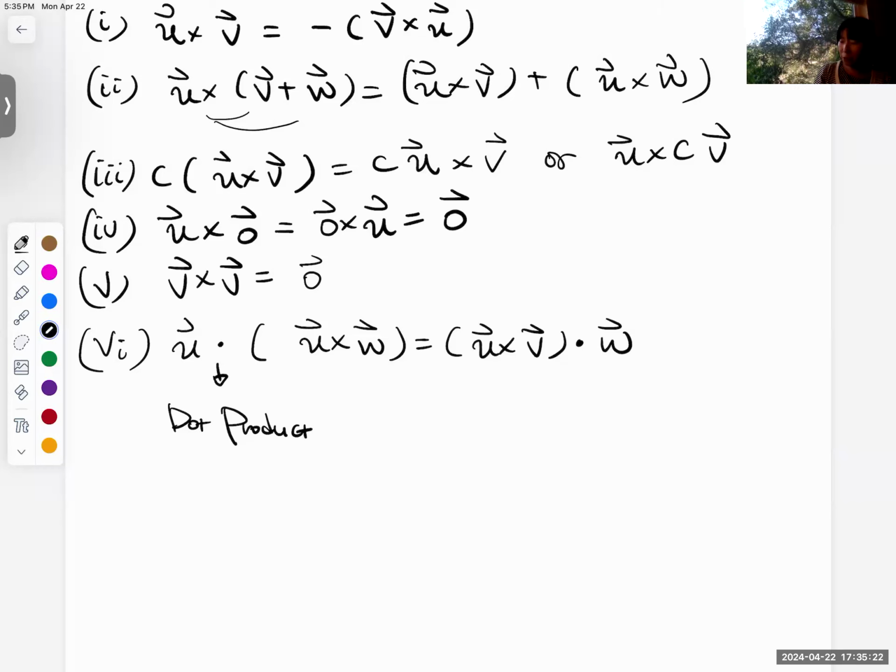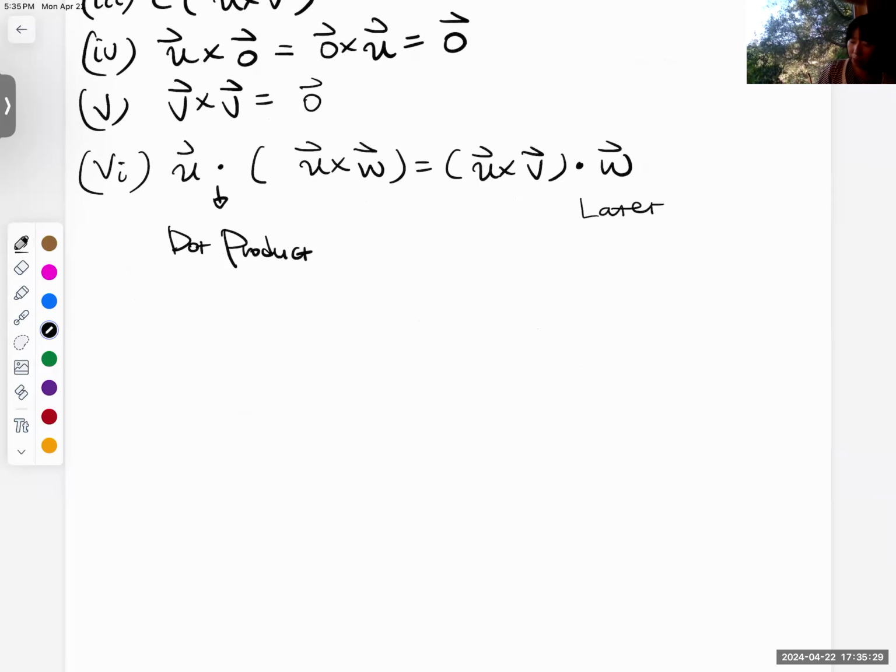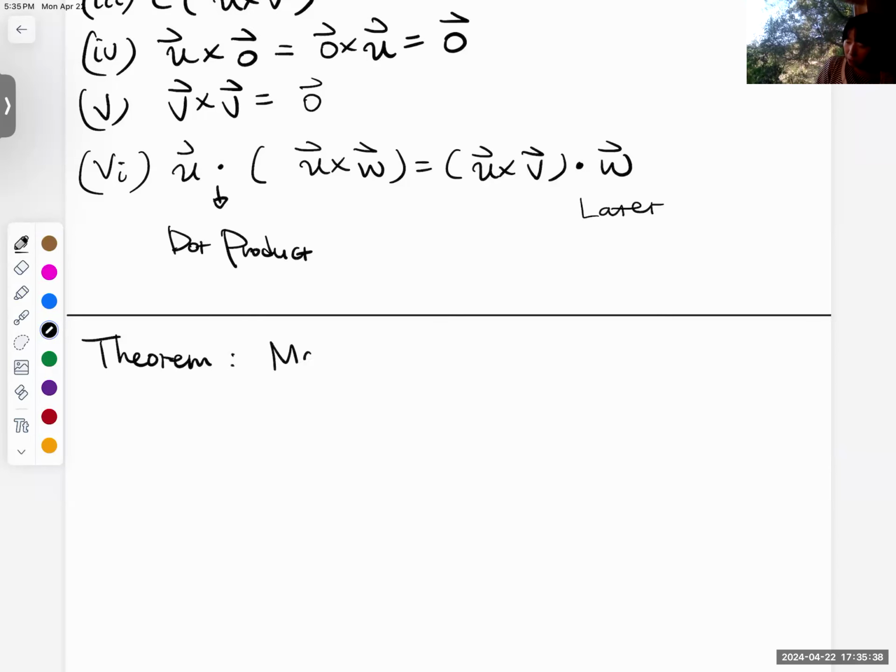Okay, so I will show you this one later with the numbers, all right? Okay, so we have a theta. So the magnitude of the cross product. The dot product is related with the cosine, if we talk about the angle, right? Then the cross product is related with the sine.